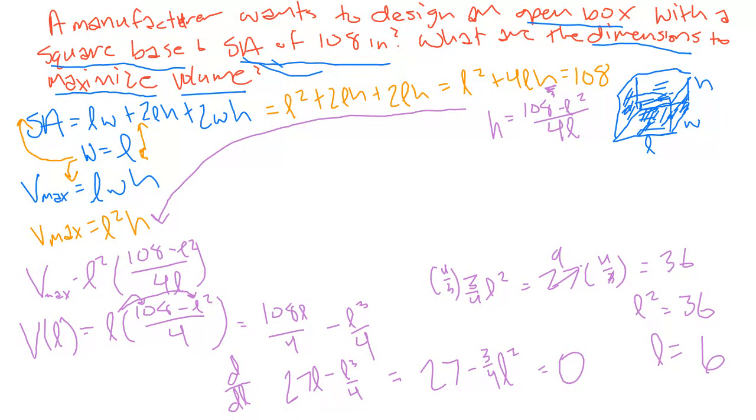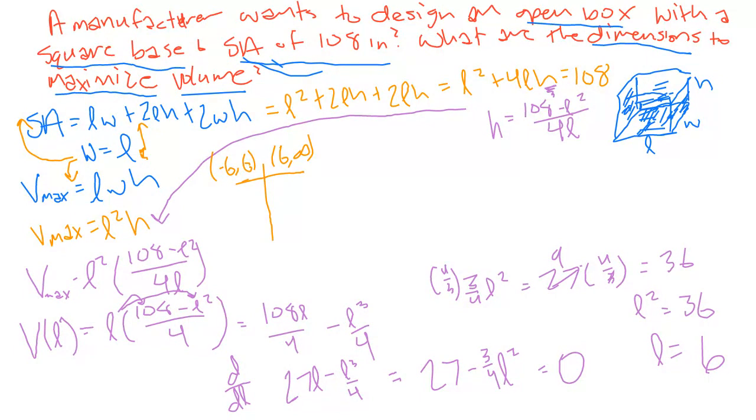So now it's time to double check to see if this is our max. So of course we have our 27 minus 3/4 L squared, and we're paying attention to greater than 6, and then -6 to 6, because once again that was our previous root.